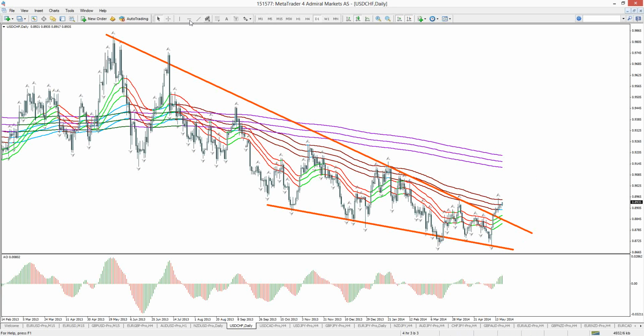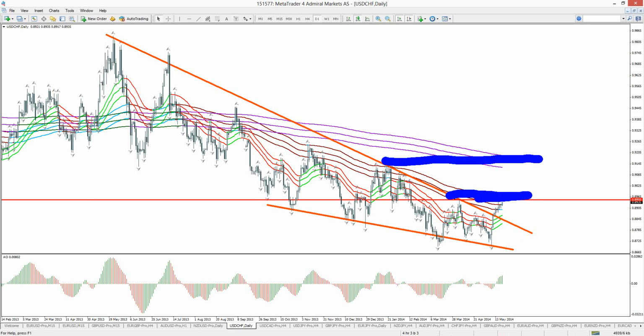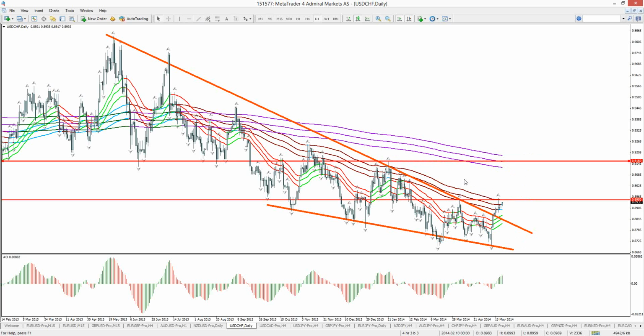One thing we have to keep an eye on is still this resistance level. If we break above it, then maybe we have a breakout trade to the upside here above 2.9150. That space between this resistance and this resistance. Right there. Basically, this space. That would be the breakout scenario on the dollar Swissy.